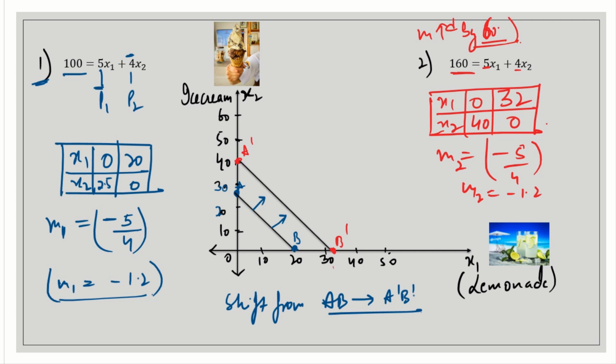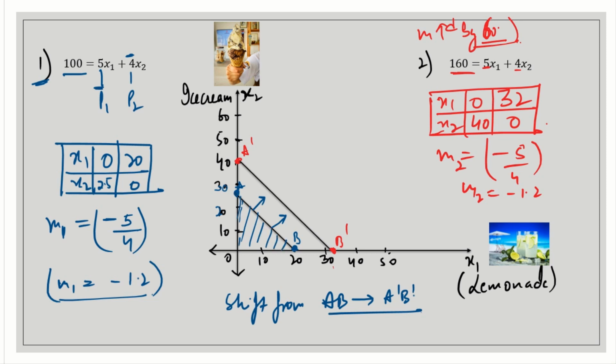So what we were discussing here, that among these substitutes, the consumer had a choice to choose between lemonade or ice cream. Initially, whatever combination is affordable, if you see from the figure, is within this area, right? This area was affordable, A, O, B, initially.